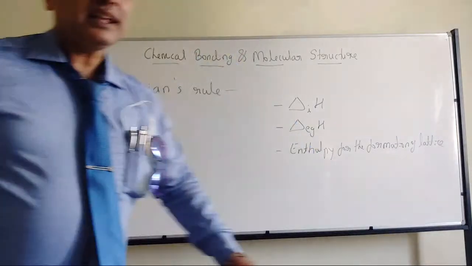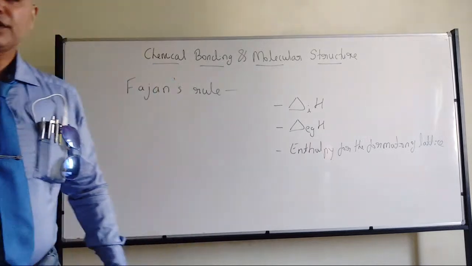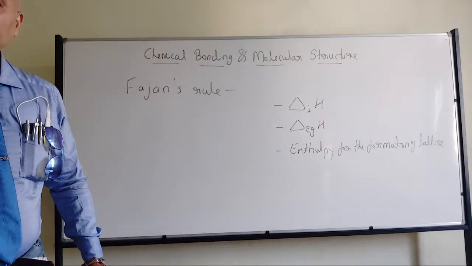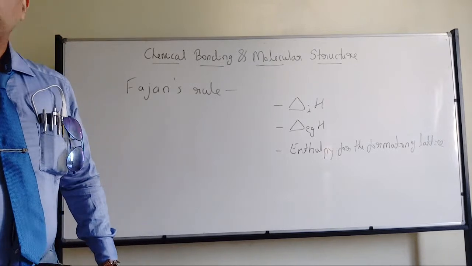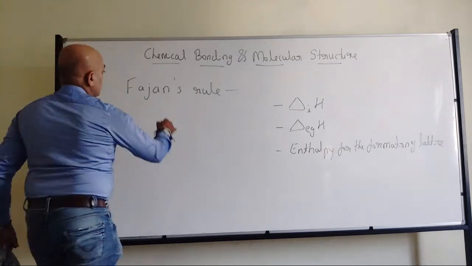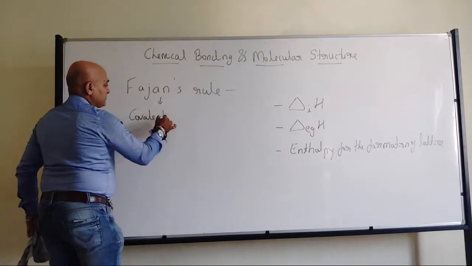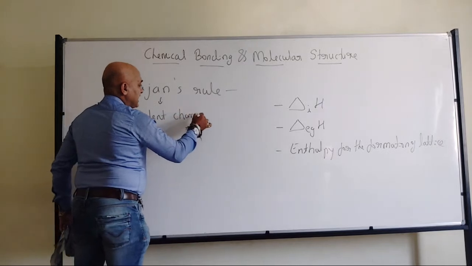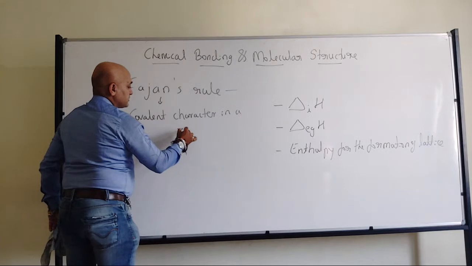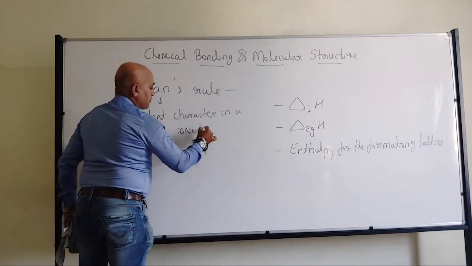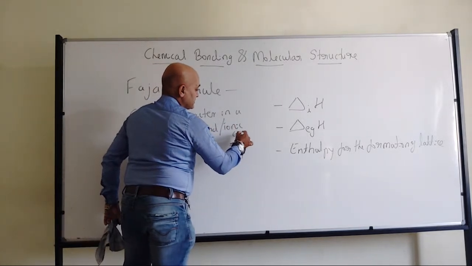But along with that, we have one rule which is called Fajan's rule, which talks about covalent character in an ionic bond, in ionic compounds.